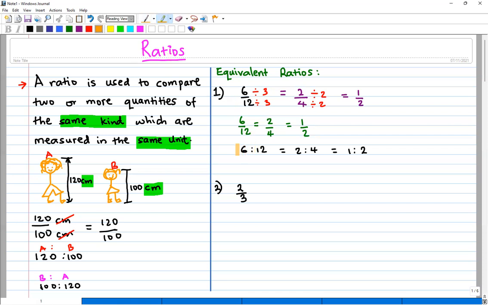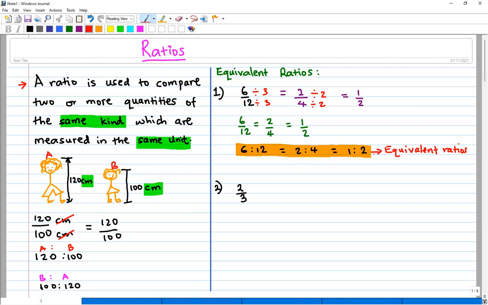So we can say that this is equivalent ratios. So 6 to 12 is equal to 2 to 4, equal to 1 to 2.